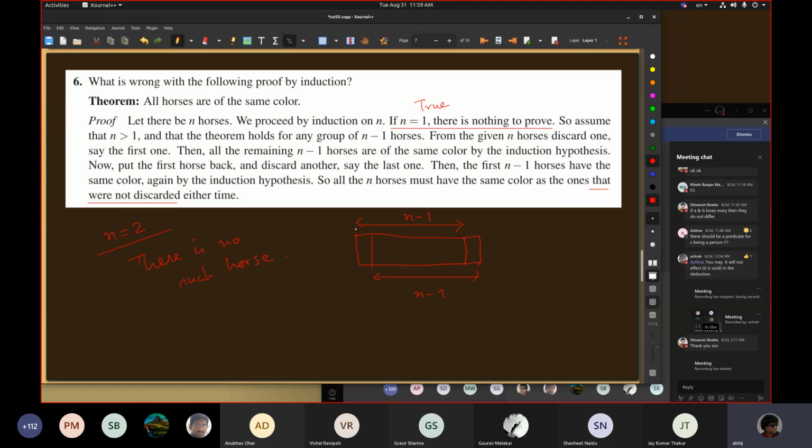Then if you can find a common horse here, these are of the same color, these are of the same color, and therefore all the things have the same color. But if n is equal to 2, this region is empty. Yes or no? Yes, sir. Okay, and therefore for n equal to 2, this is not a valid inductive argument.